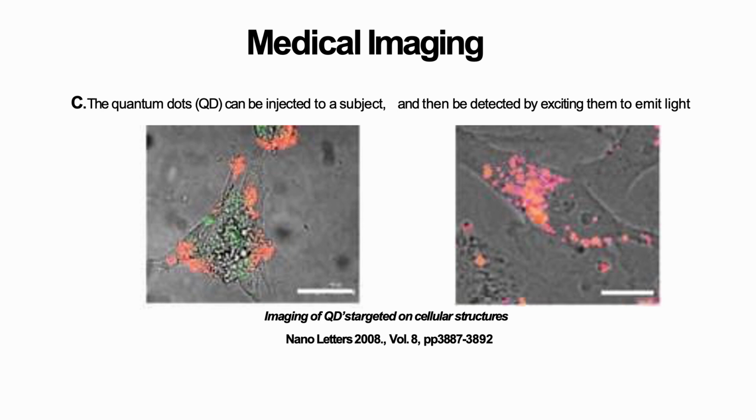This is an article that you can find in Nano Letters, as shown at the bottom of this picture, but this is just 2008. Nowadays, we have made so much progress, and of course, we also use those quantum dots in several medical imaging strategies.